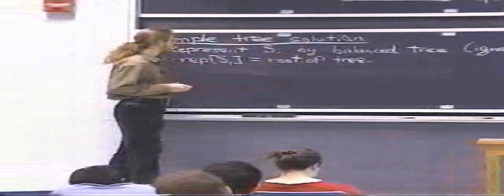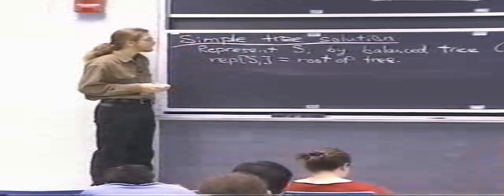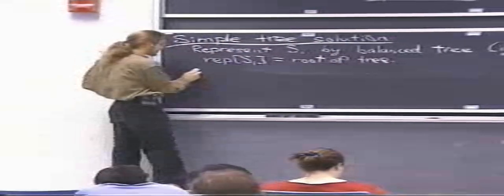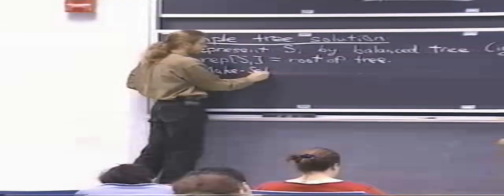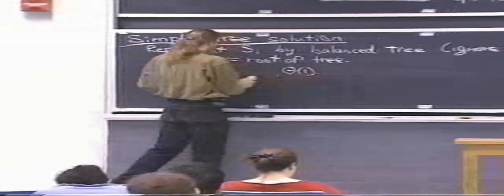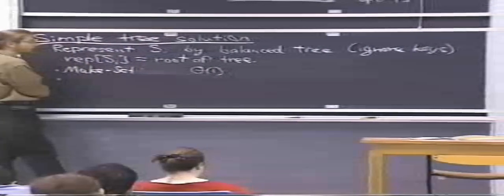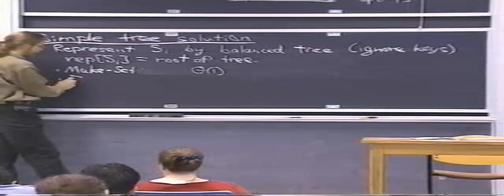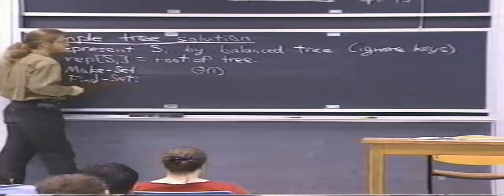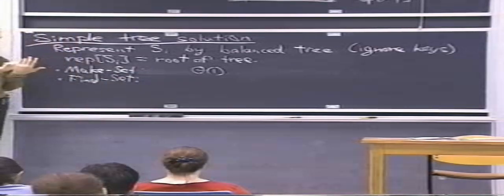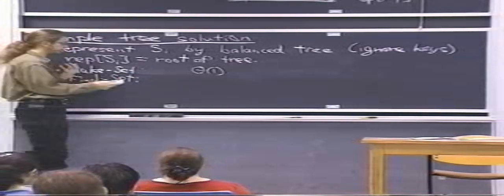Okay. So now I have my three operations. Make set is, again, easy. I just create a new tree with one element in it. So that takes constant time. What if I want to do find set? I guess find set's pretty easy, too. I just walk up till I find the root. So how long does that take?